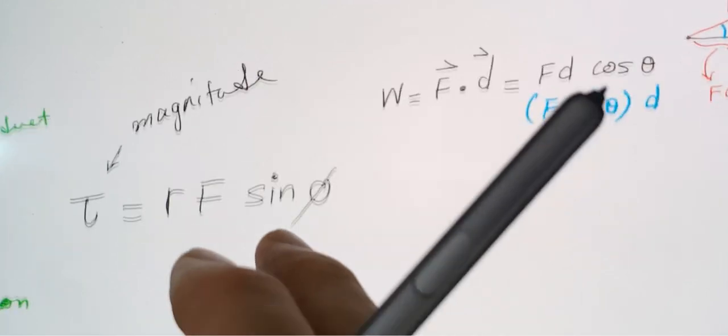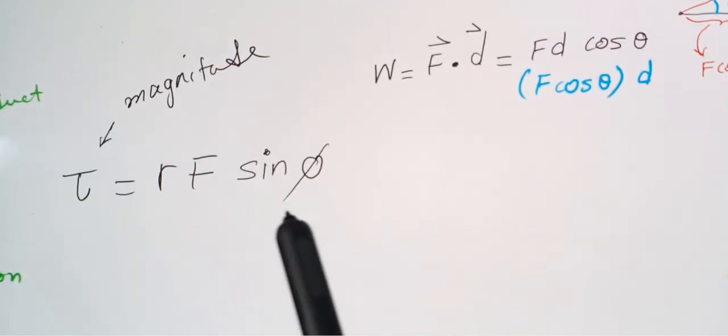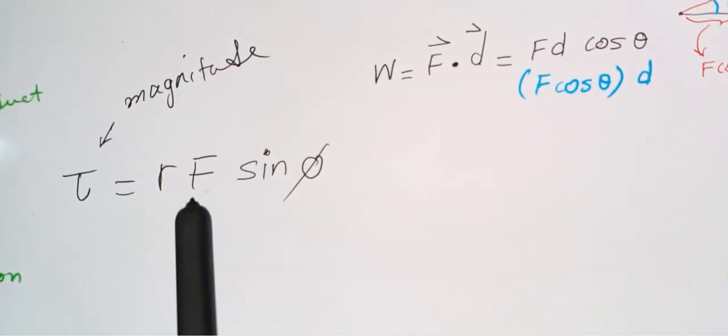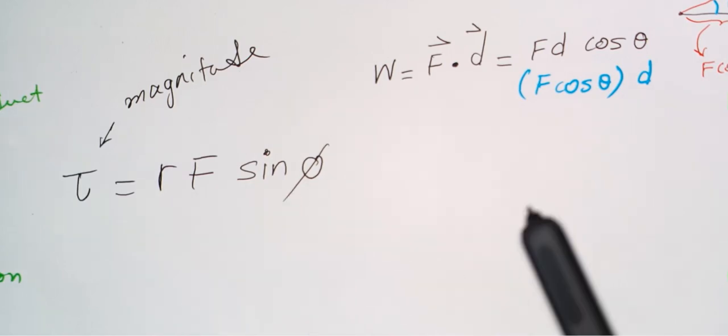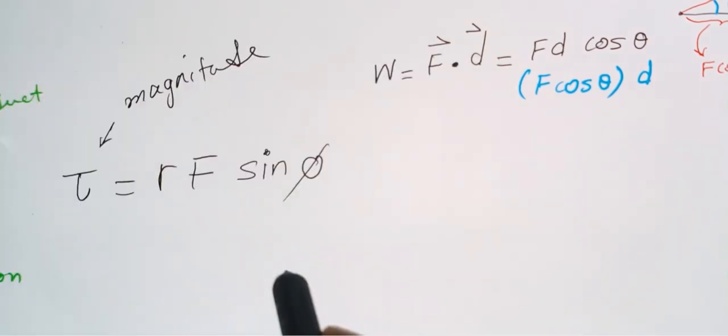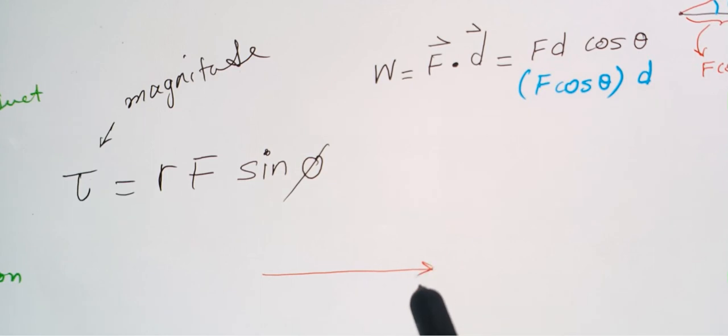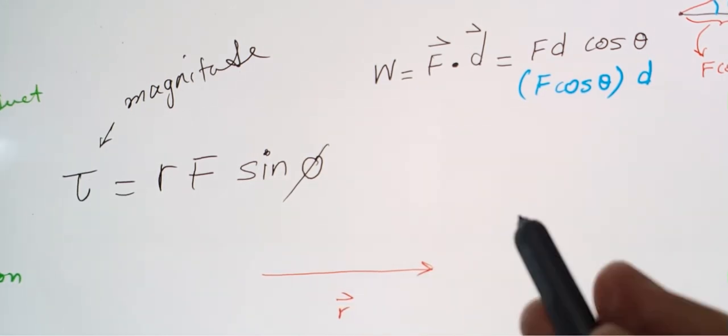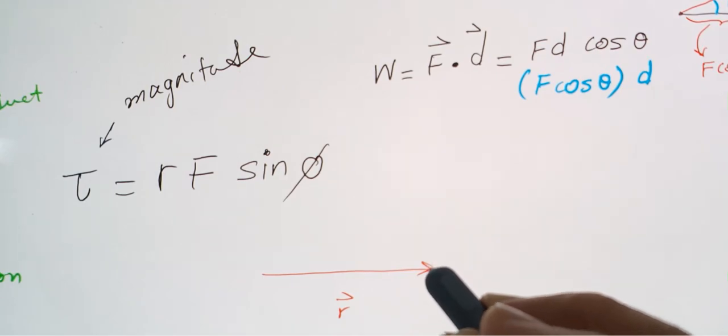Now, what is the meaning of the cross product? Well, the magnitude, we will just repeat. So this is our R, it's a vector. And this is our force, for example.